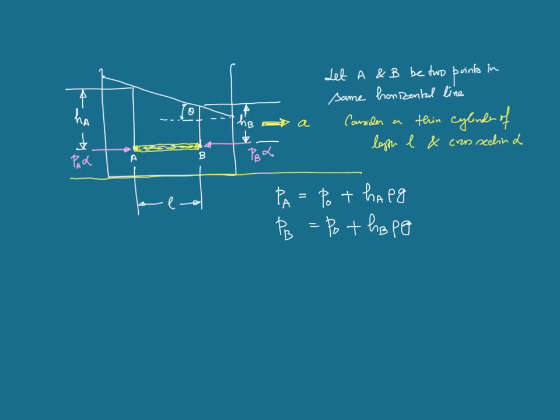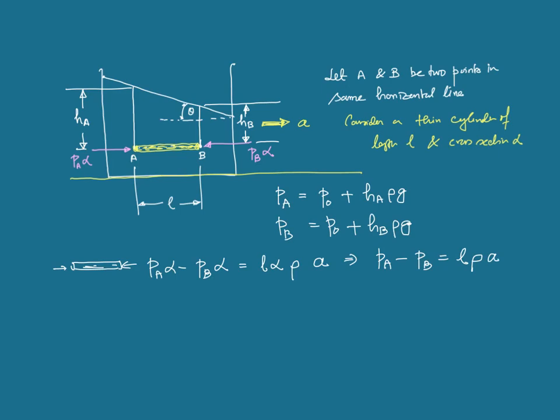So Pa alpha minus Pb alpha, I mean for the cylinder, if you apply force equation on the cylinder, then Pa alpha minus Pb alpha is, what is the mass of the cylinder? L alpha into rho times acceleration A. So implies Pa minus Pb is equal to L rho A.